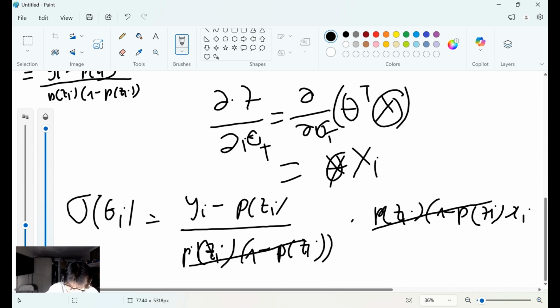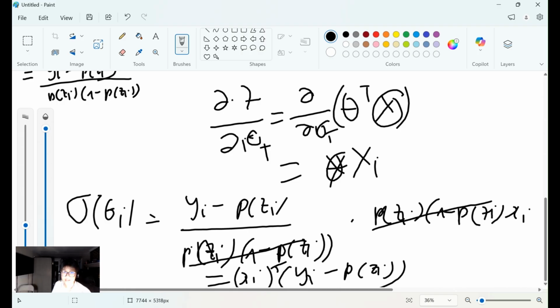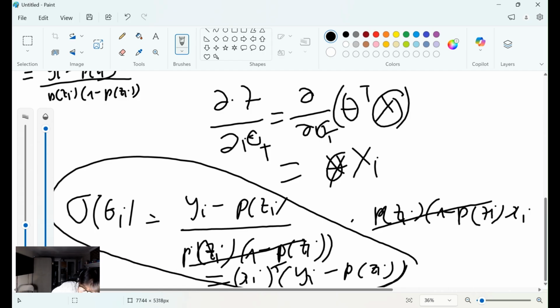So this cancels out, this cancels out, and this becomes x i multiplied by (y i minus p(z i)), transposed. Yep, that's it. So far so good. So we have this equation right here. This is the derivative of our loss function.